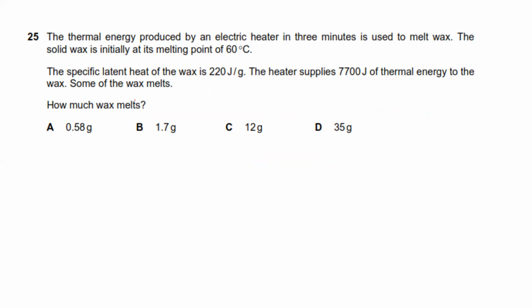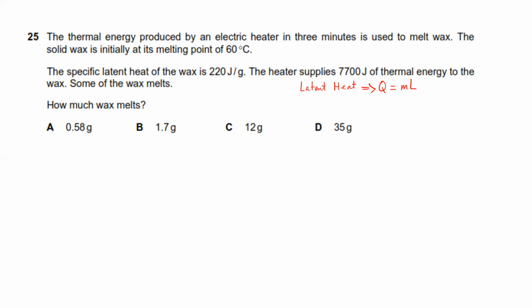Some of the wax melts. How much wax melts? So remember, this is a question for latent heat, which can be found by Q equals ml. And we are using this because the state of the wax is changing, because the wax is melting.